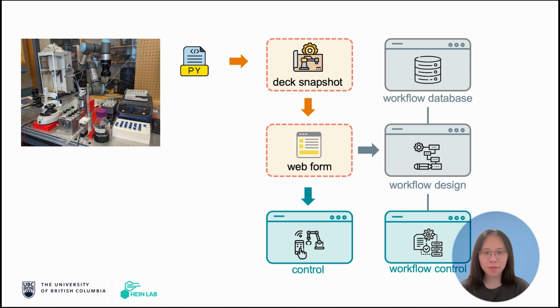So again, we achieve this interoperability by dynamically inspecting the current SDL Python script before launching the web app. So the web interface will capture the current state of your robotic control script and make it adaptable to any other platforms.